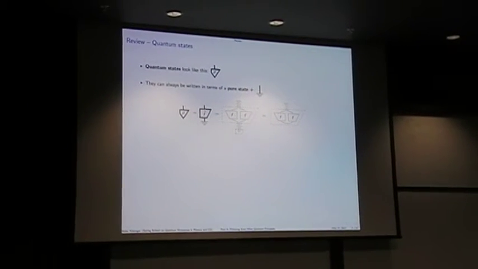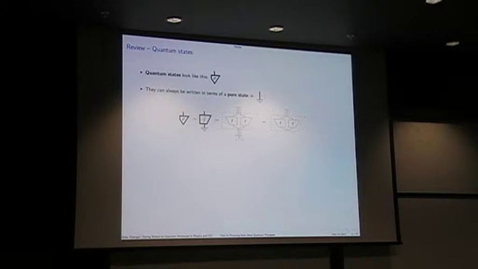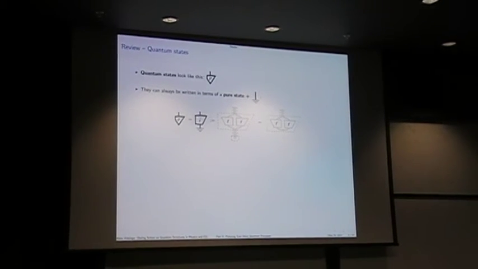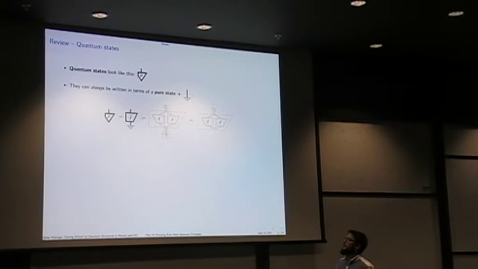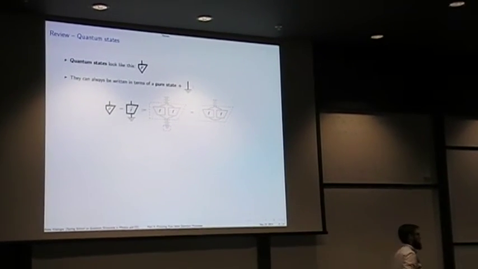In Bob's second hour, we talked about quantum states. They were these doubled things. They look like this. That's just a quantum state rho. And they can always be written in terms of a pure state, one of these purely doubled things, and discarding. Or equivalently, the transpose of discarding, which is this maximally mixed state.